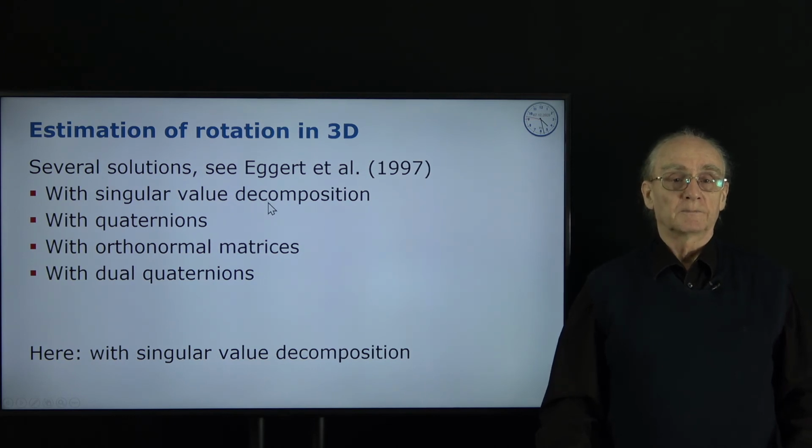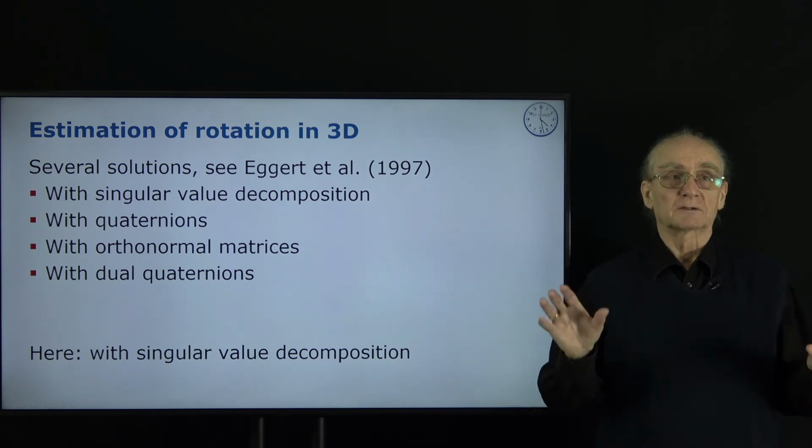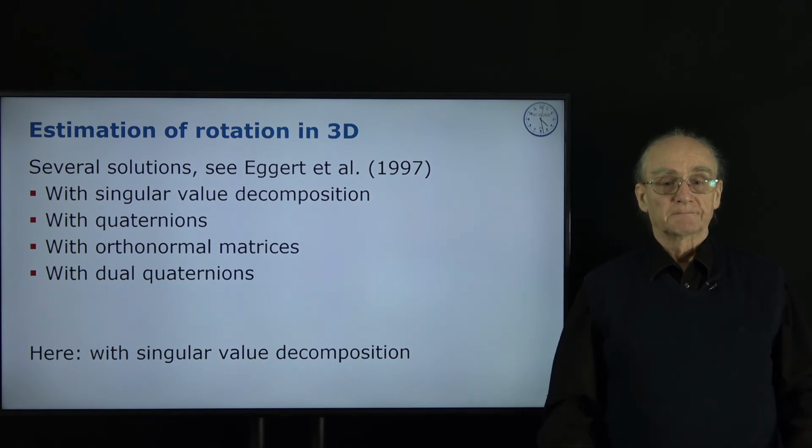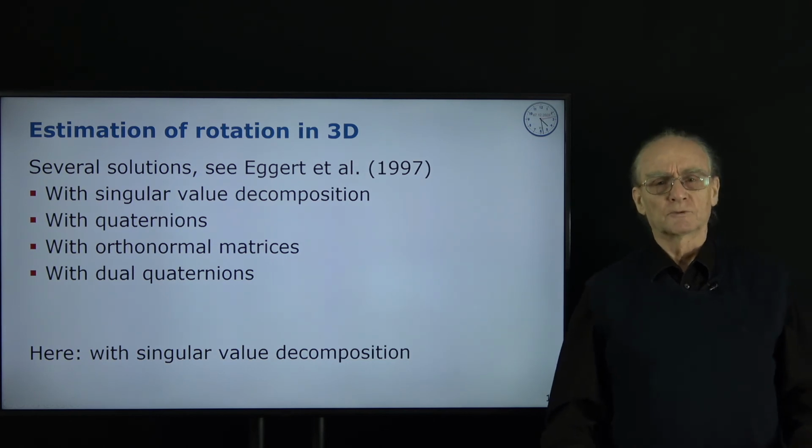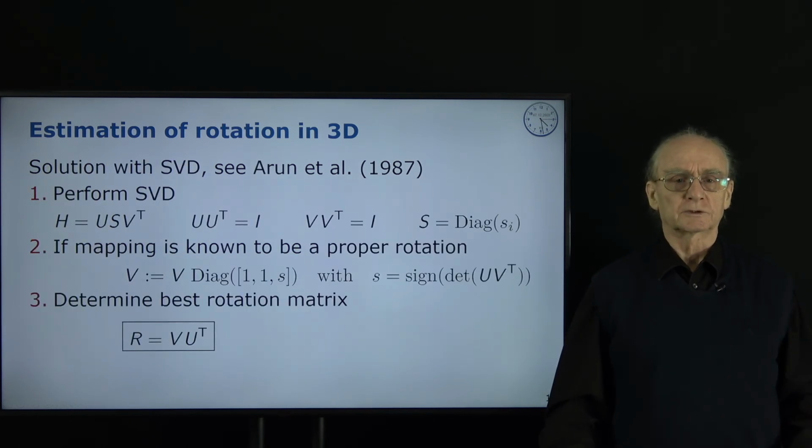The first one with the singular value decomposition, the second with quaternions, the third one with orthonormal matrices, and the fourth one with dual quaternions, which are pairs of quaternions. I don't want to show all these solutions, but only the one with a singular value decomposition, because it turns out that this is the easiest way to accomplish. The proof is in the literature.